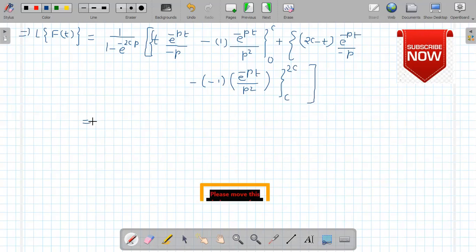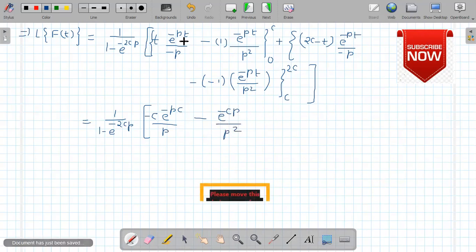So this is equal to 1 upon 1 minus e to the power minus 2cp. If you put the upper limit, it will be c with negative sign, whole divided by p minus e to the power minus cp over p square.